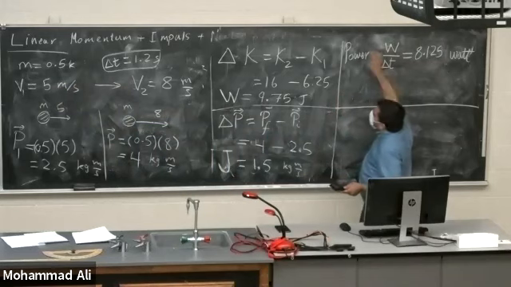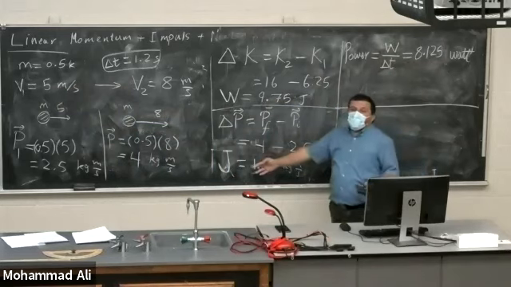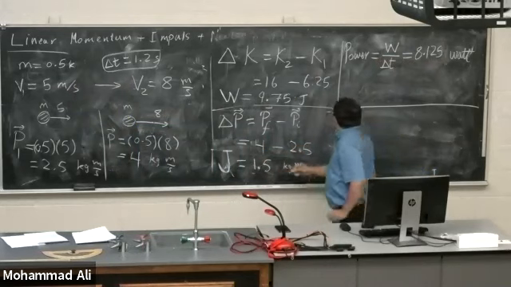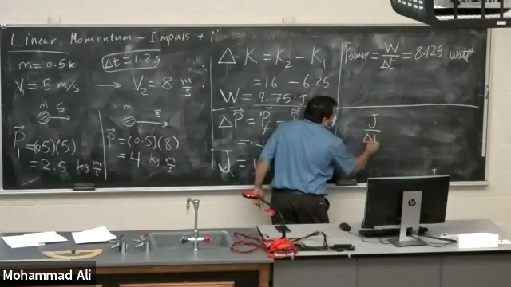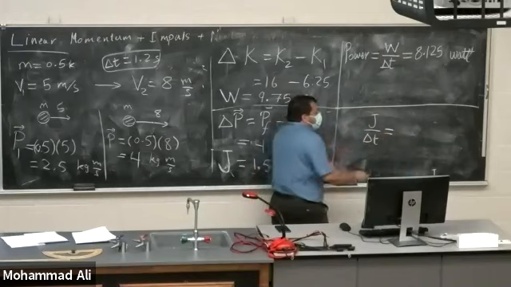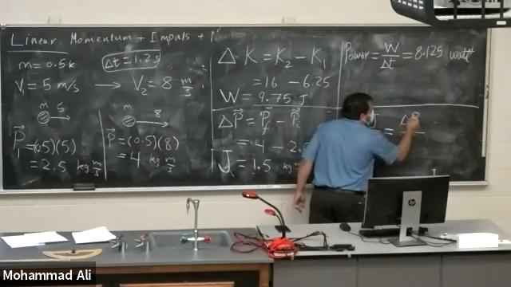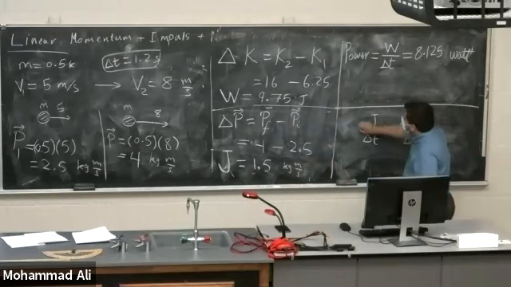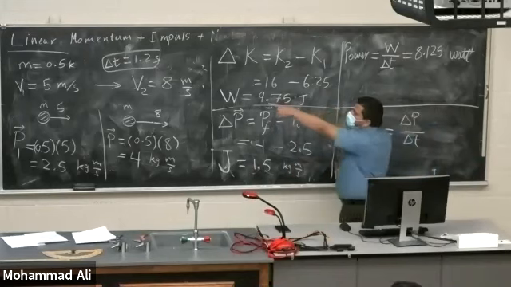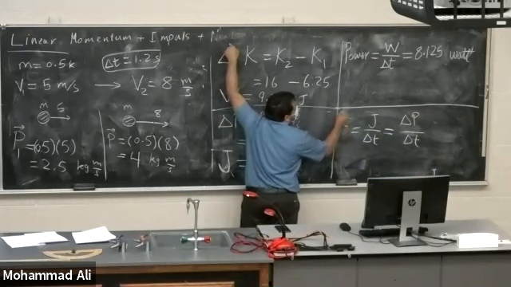Okay, this is the work done over the time. What about the impulse? Impulse over the time. We know the impulse, what is it? It is delta P over delta T. What is delta P over delta T? We just talked about it. It is the force.